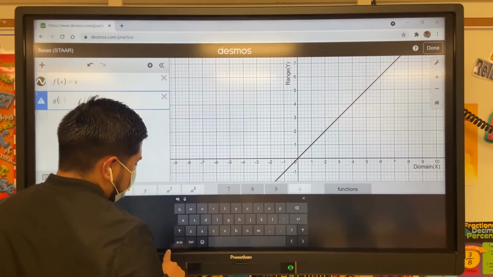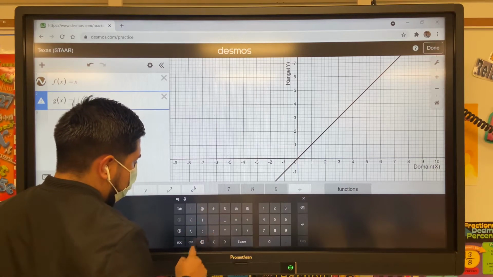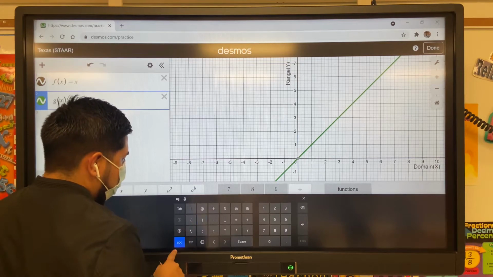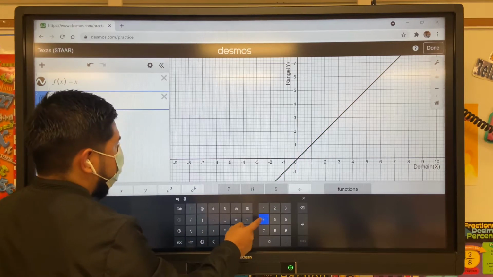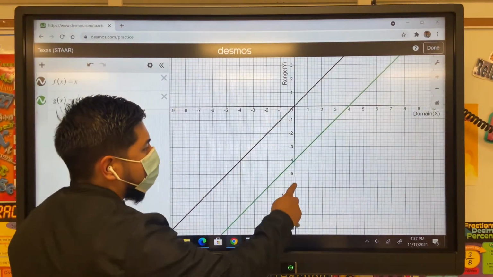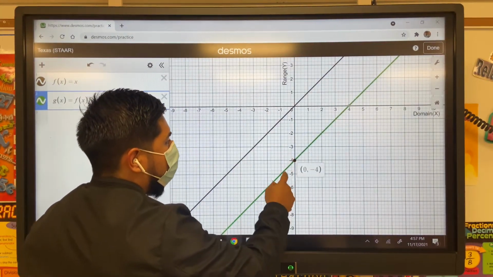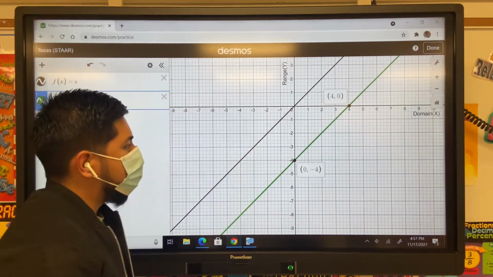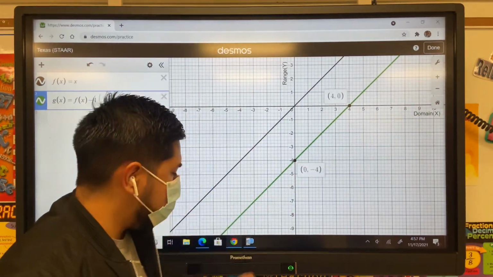g of x equals f of x -4. There it is. Starting at -4, we can see point, point, point, point. So I'm going to start at -4, draw all those points across.